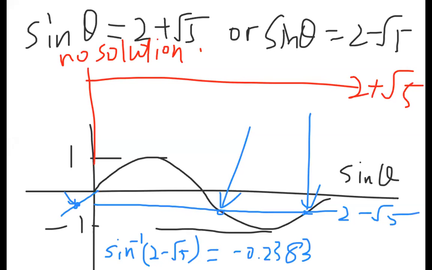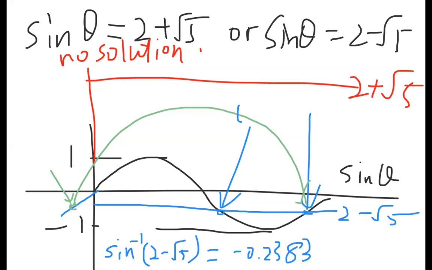However, because the sine is periodic, when you add 2 pi, it moves to this one.